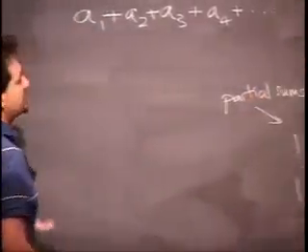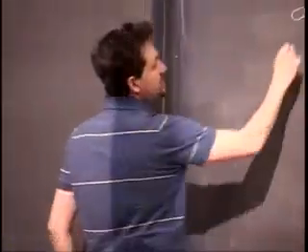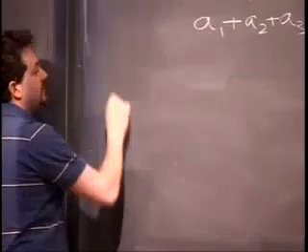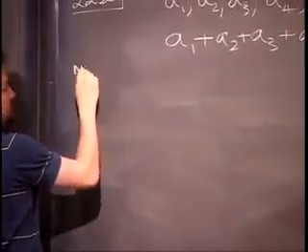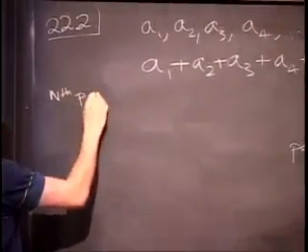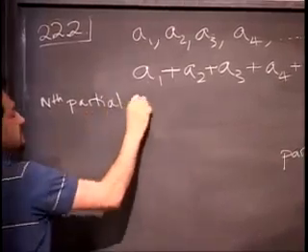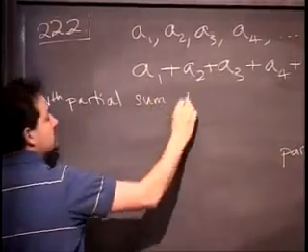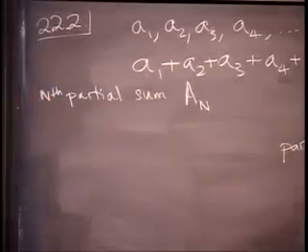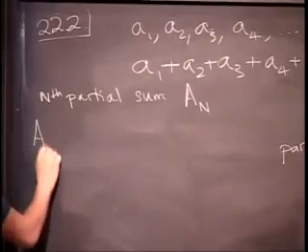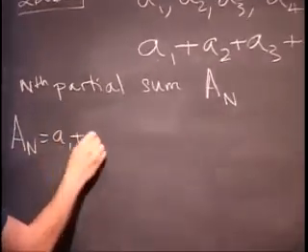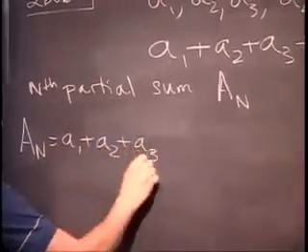So, let me write this out in more generality. In order to define this, we're going to define the nth partial sum, capital Nth partial sum, which I'm going to call capital A, capital N. And here it is. I just chop off the sequence, or the series, I guess.